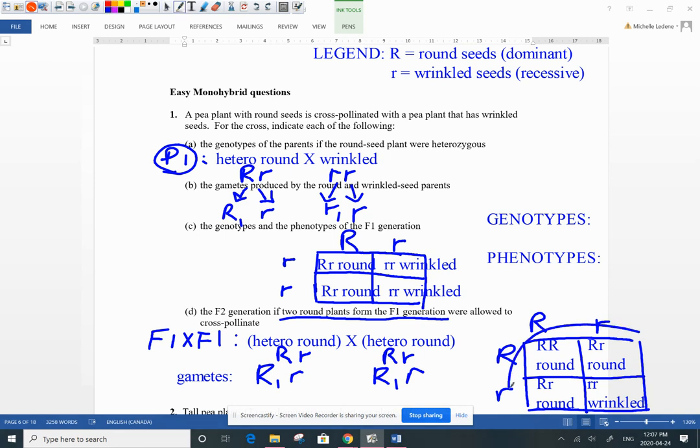How many round offspring do I have? I have 3 round offspring for every 1 wrinkled offspring. This is just like our pea plants when we did tall versus short. There was a 3-to-1 phenotype ratio. Why is that? Are all the genotypes the same? No, they most certainly are not.